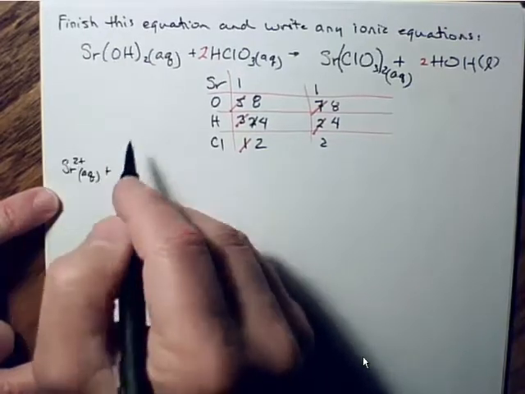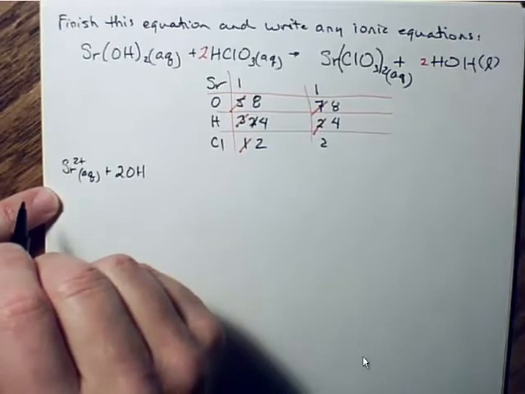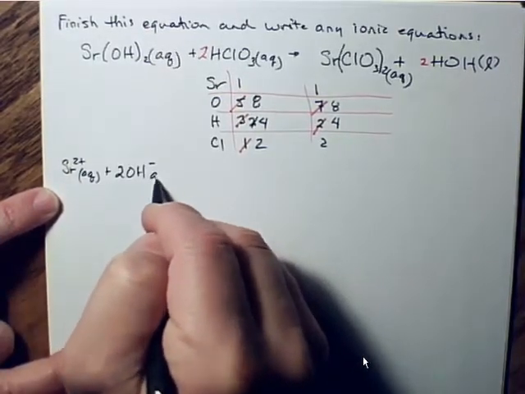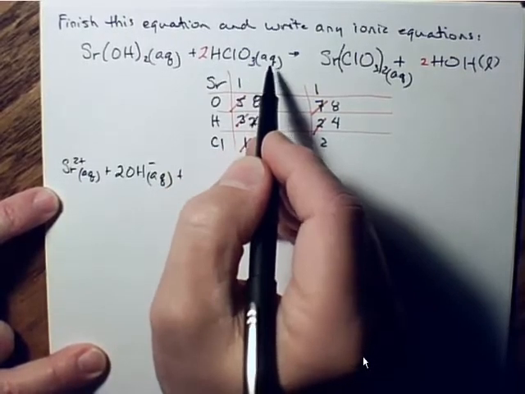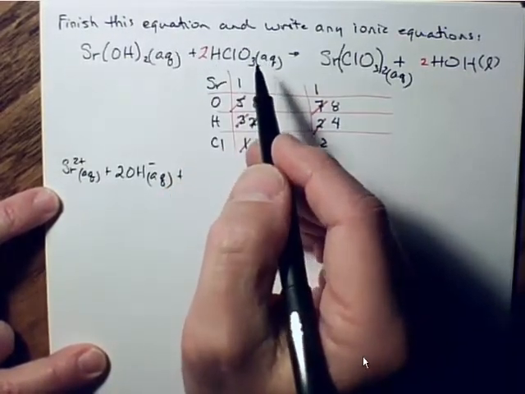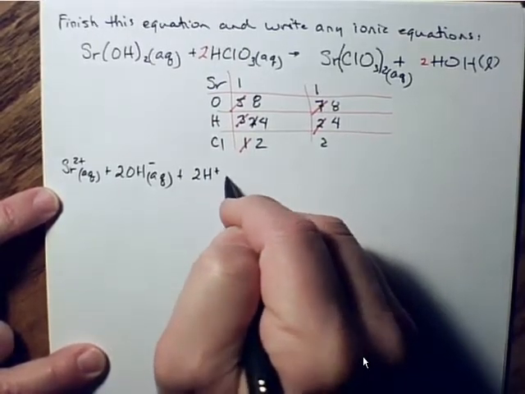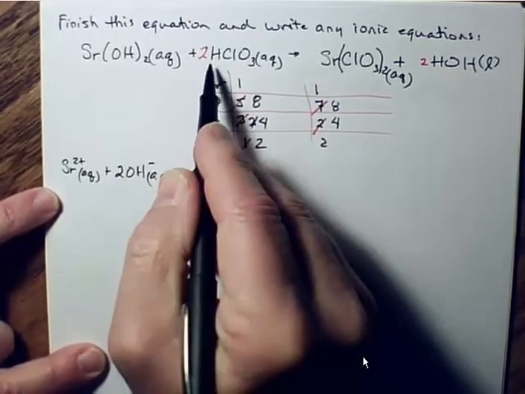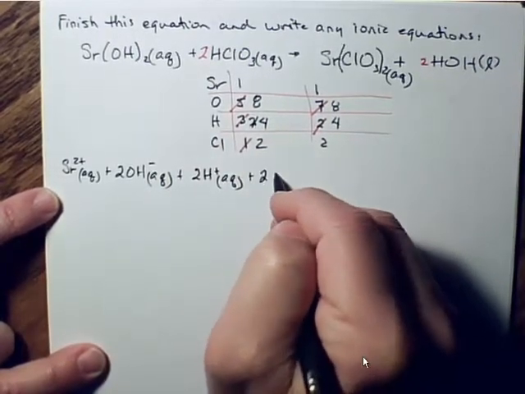We've got 2 hydroxides in this formula, so we're going to have 2 hydroxides separated as ions. This acid is aqueous. It's going to split up. We've got 2 hydrogen ions. And since I have 2 of these formulas, I've got 2 chloride ions.